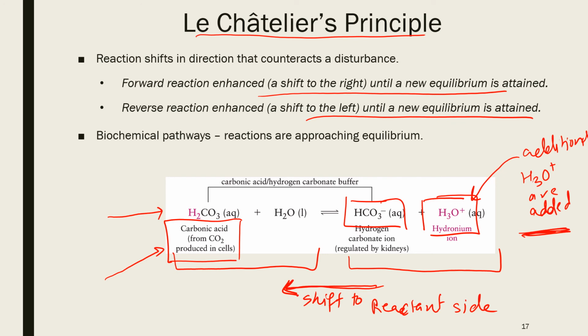In biochemical pathways, reactions are approaching equilibrium, which means that they are continually adjusting to disturbances, particularly the concentration of hydronium ions, which naturally fluctuate as a part of metabolism.